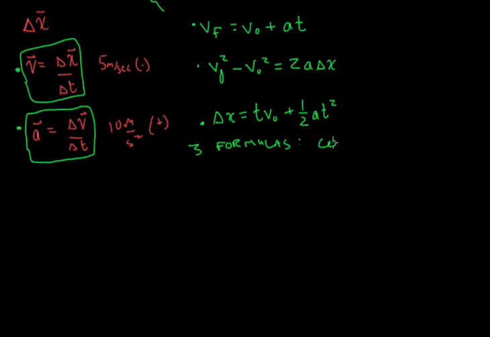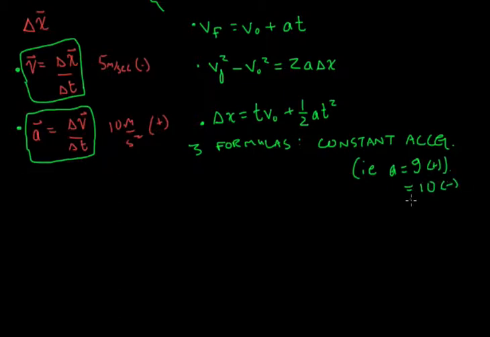Constant acceleration simply means that your acceleration has to be a number, so a equals 9, positive, we'll say, moving to the right. a equals 9, or a equals 10, and that could be negative. Not a equals 10t, or a equals the sine of t, or some function.